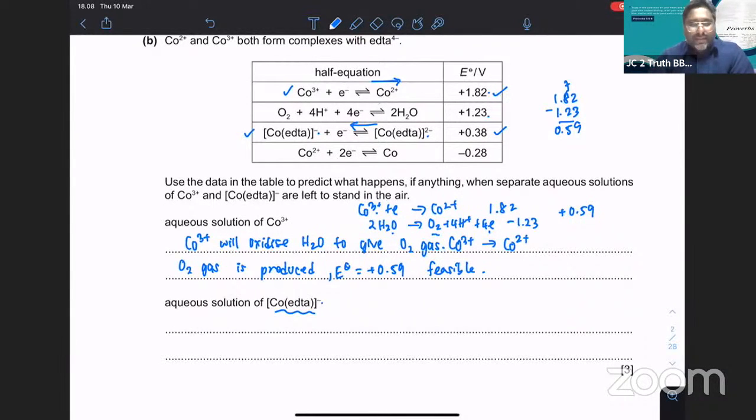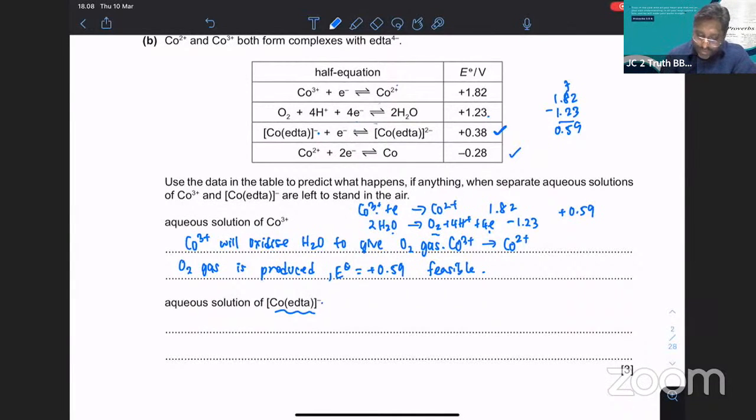So in that case, we have to make some adjustment. What is the adjustment? We cannot use this equation. Try to change the equation, but you are still going to use this particular equation, which is going to come in handy. When you put this cobalt 2 plus, now you compare.